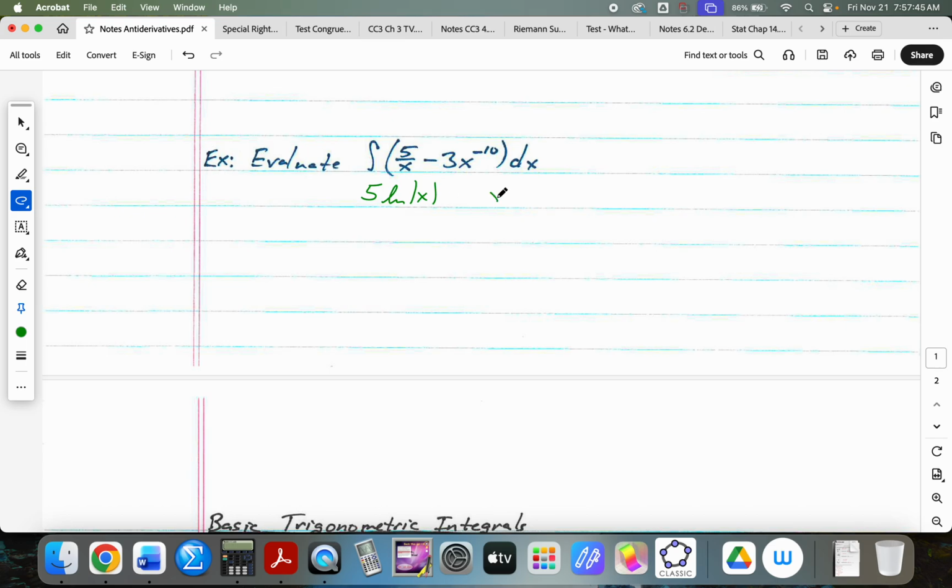And then I'm going to have x to the negative 9th power. So I'm going to multiply the reciprocal of negative 9, which is negative 1/9, times negative 3, and I get positive 1/3, all plus c. So that covers any power.